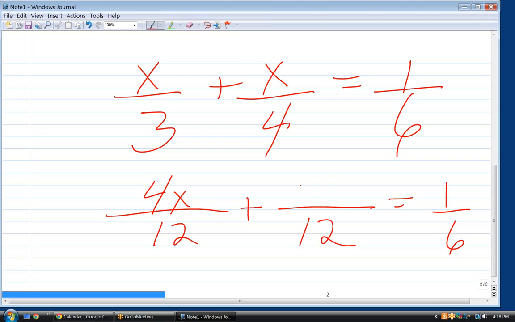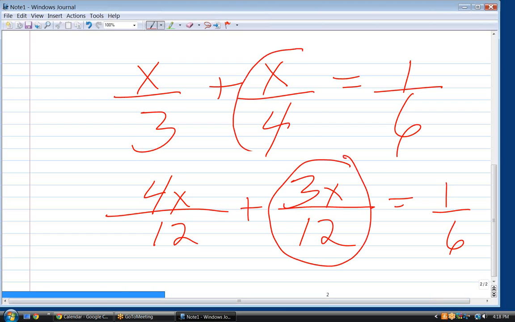So what goes here? Is it 4x? Oh, wait. Divide 4 into 12. 4, 8. 3 times. 3x. Yeah. And notice that 3x over 12 is the same as 1/4 x.